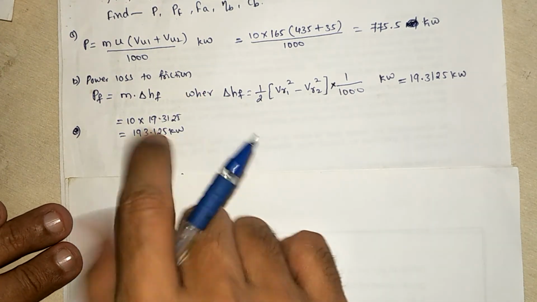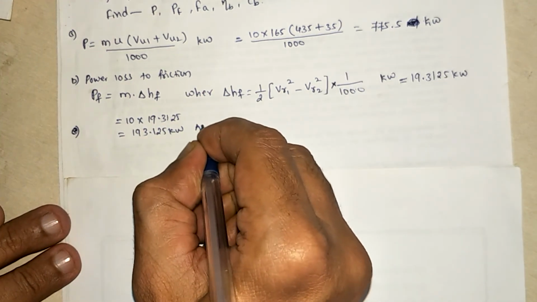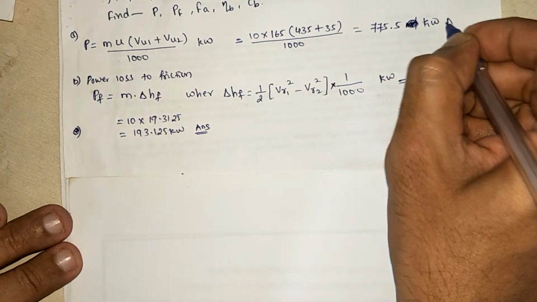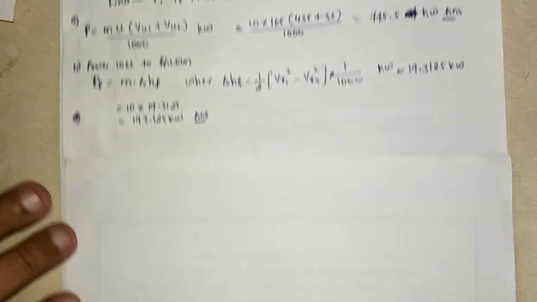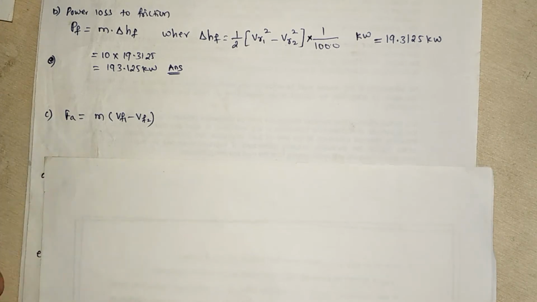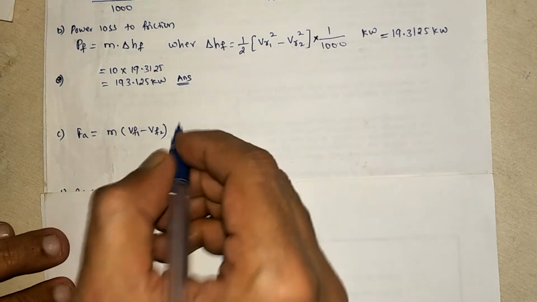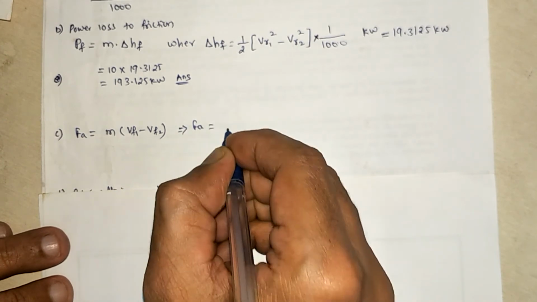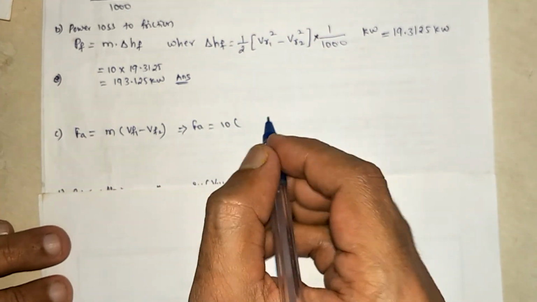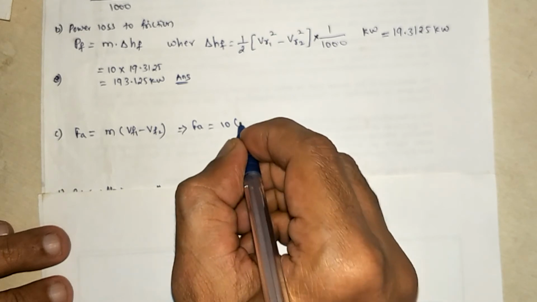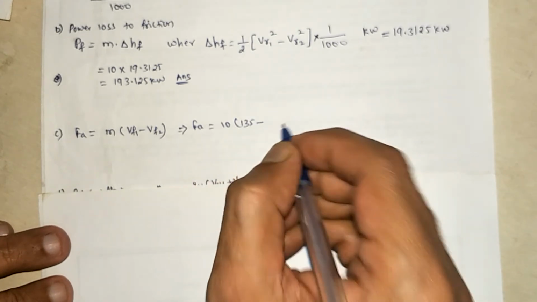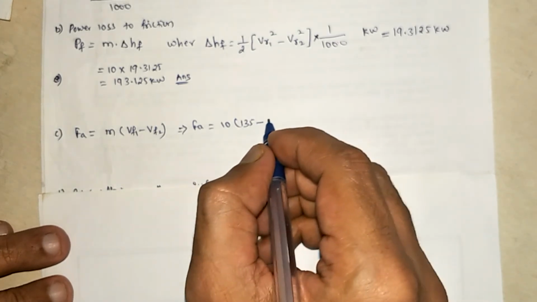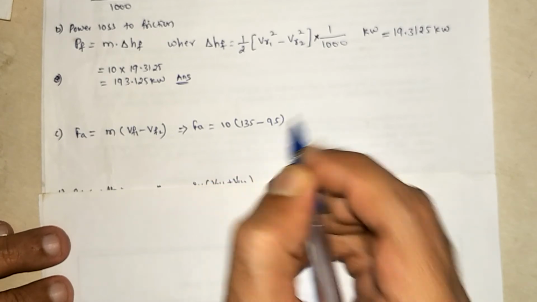So second point, we have calculated. This is the second answer. So this is the first answer, and this is the second answer. Then the third one, we need to calculate axial thrust. So axial thrust is given by FA. FA is equal to 10 into VF1. VF1 is how much? It is 135 minus VF2. VF2 is 95 newtons.